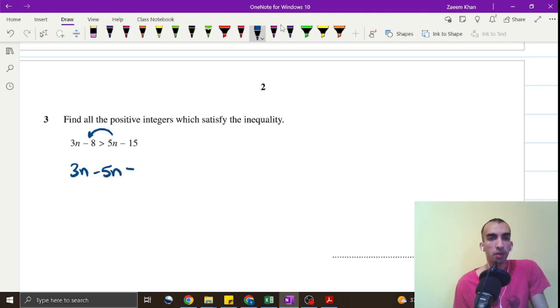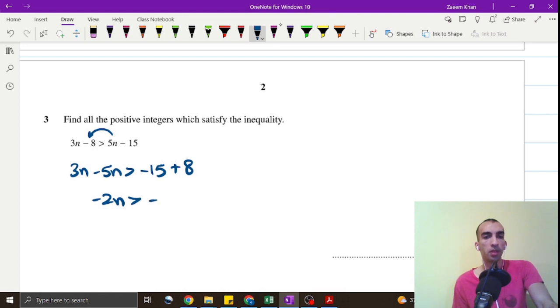Minus 5n is greater than negative 5. Add 8 or take away 8? Add 8. So 3n minus 5n would give you negative 2n is greater than negative 7.